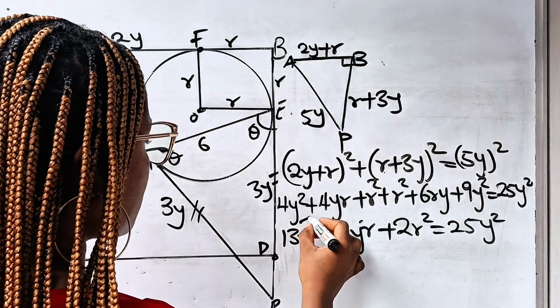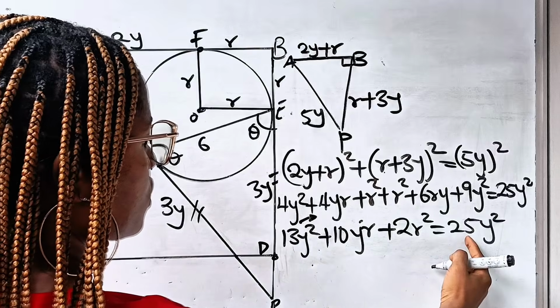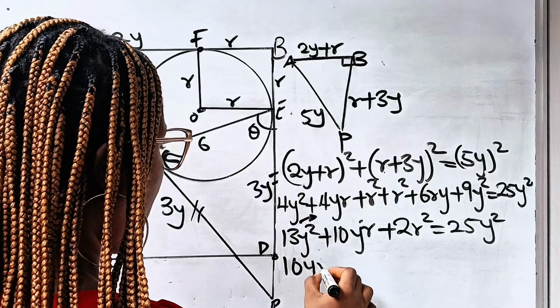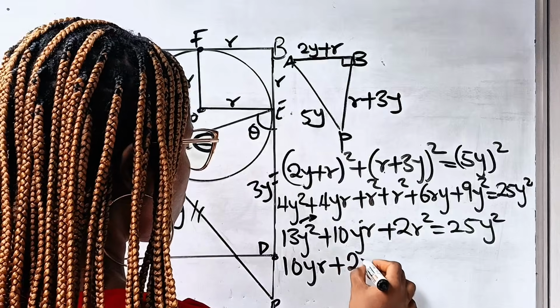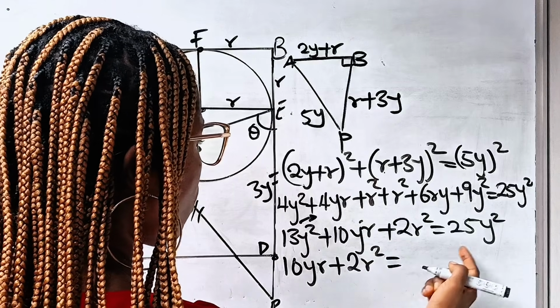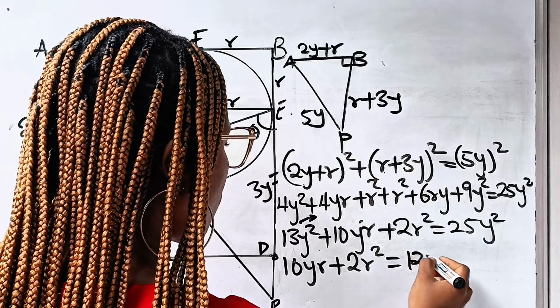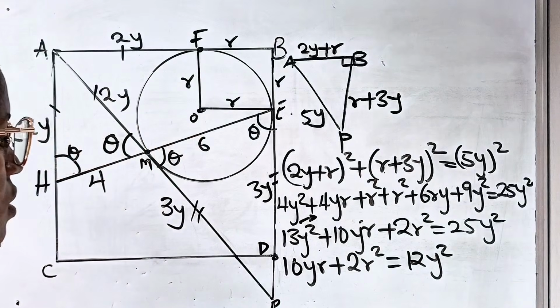If we transfer this 13y squared to this side, we are going to have 10yr plus 2r squared is equal to 25y squared minus 13y squared, which is 12y squared.